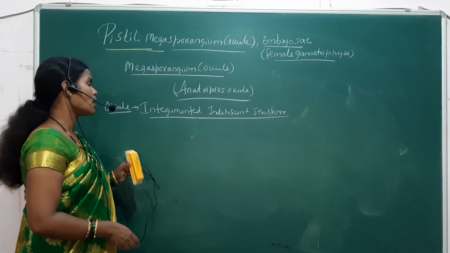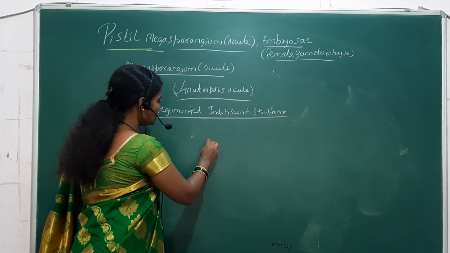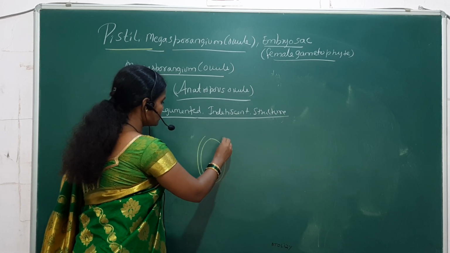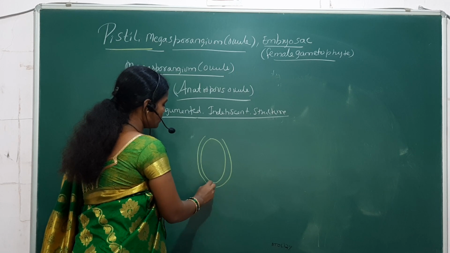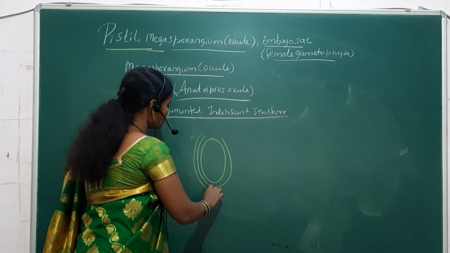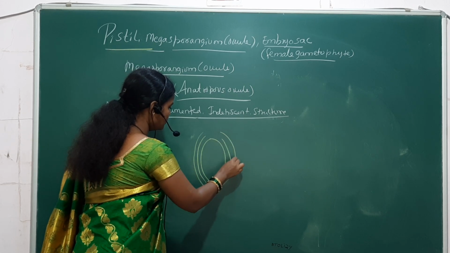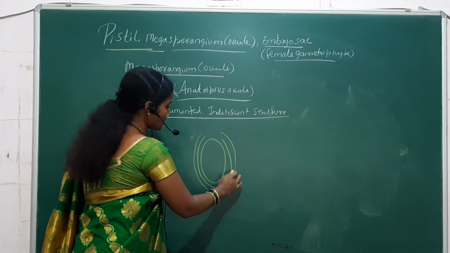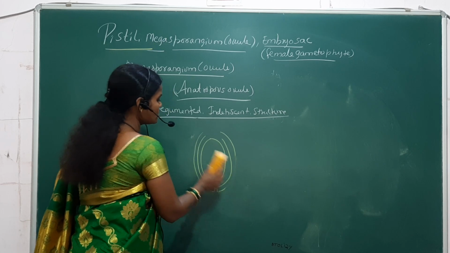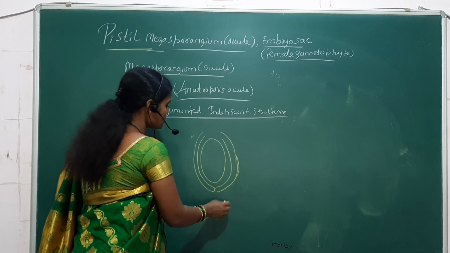Now students, coming to the structure of the anatropous ovule, see here. You can see the following parts here, and also you have to practice how the anatropous ovule is drawn here, because it is very important for 5 marks.